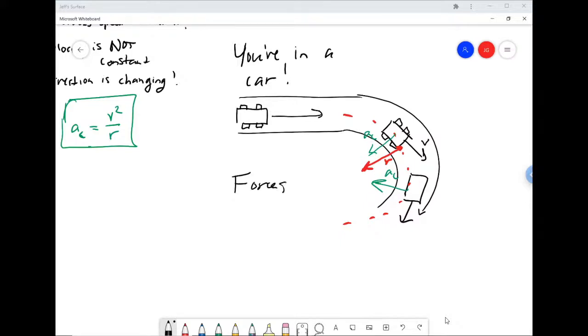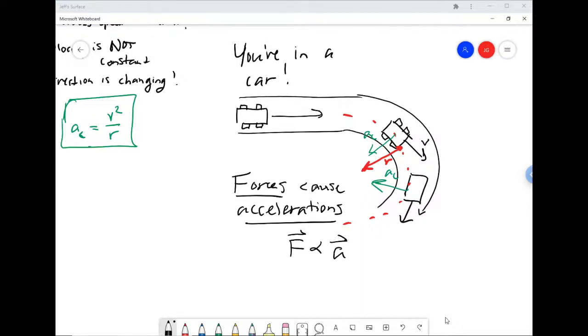Forces in physics are pushes and pulls, and they cause accelerations. Forces are the cause of accelerations, and forces are directly proportional to the acceleration.